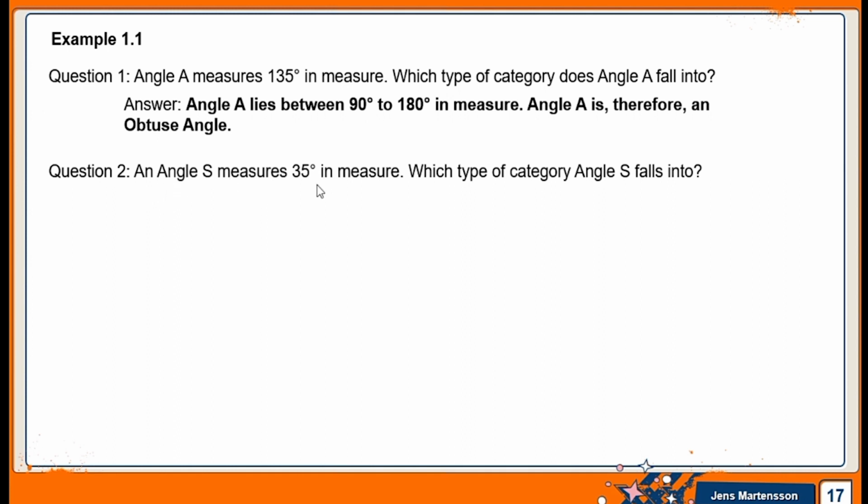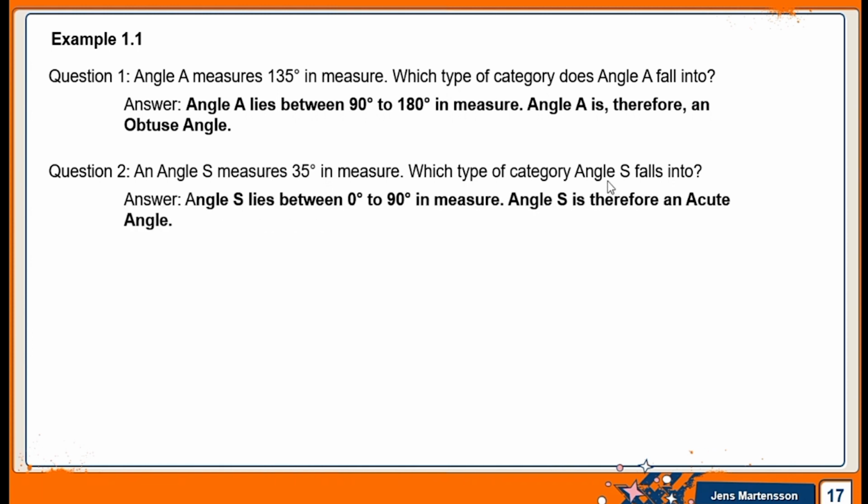So, of course, angle S lies between 0 degrees to 90 degrees in measure. Therefore, angle S is an acute angle. So this is an acute angle. 35 degrees is less than 90 degrees. So this is an acute angle.